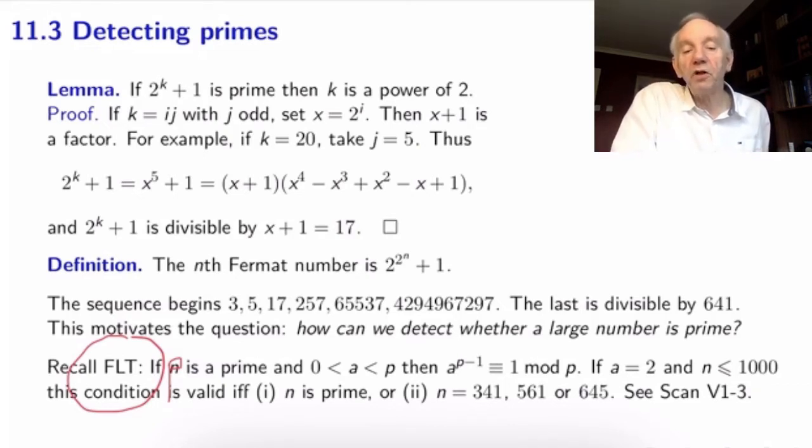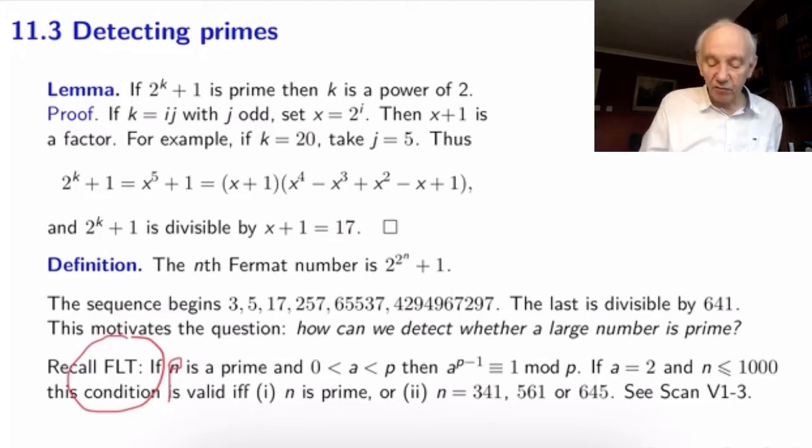Now, we also saw, and one or two of you asked me about this, to explain the table at the end of the third section in week 1, I had some slides in which I finished with a table looking at powers 2 to the n minus 1, where n ran from 1 to 600.